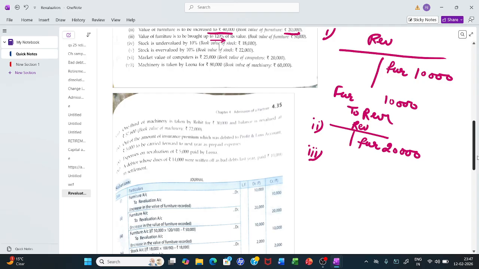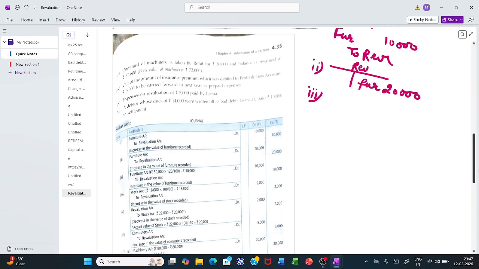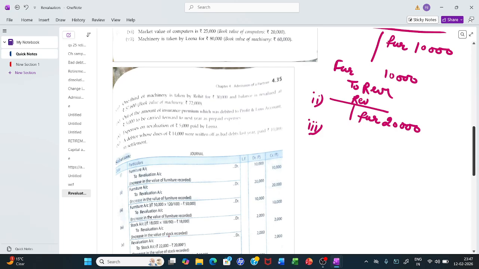So this is 6 by 5. Book value is 50,000. So let's do a shortcut to do that. If you can see here, so this is 120%. So 50,000 into 6 by 5 is the present value of this machine, which is 60,000, and we have already shown in books at 50,000. So there is an increase of 10,000. So in reval, it will come on credit side.